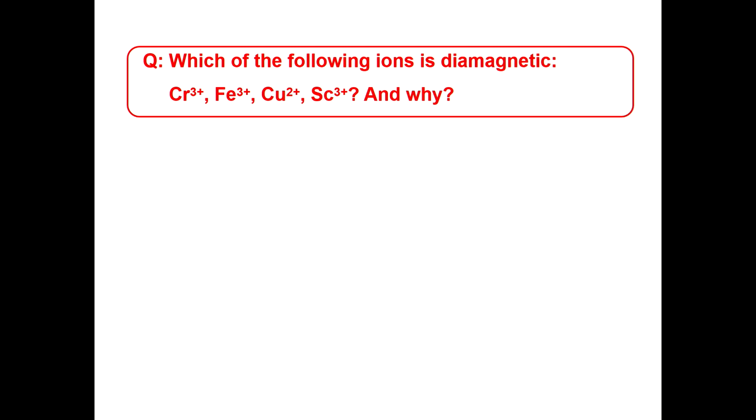So what's magnetic? Magnetic basically should have single electrons, right? So diamagnetic means no single electrons. So which one doesn't have single electrons? This one, right?